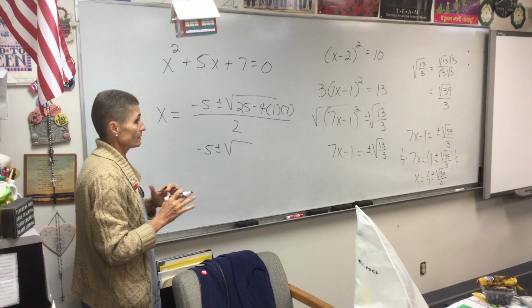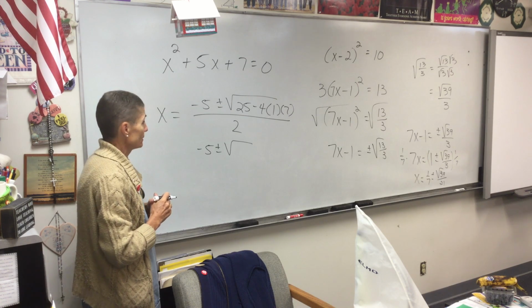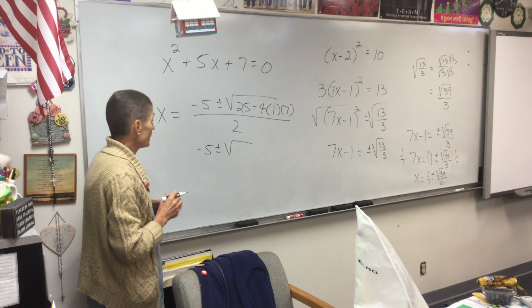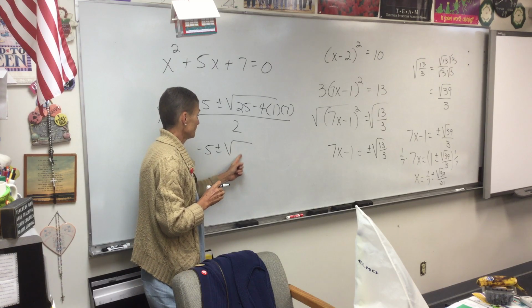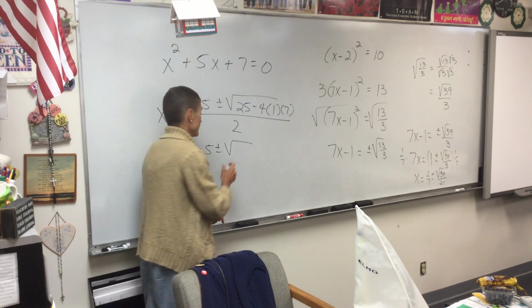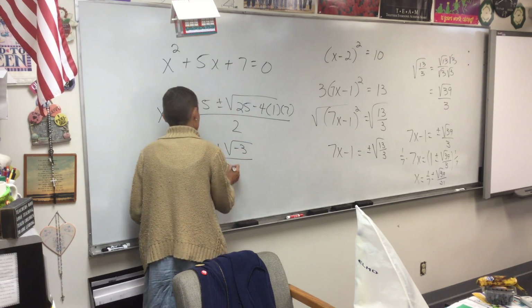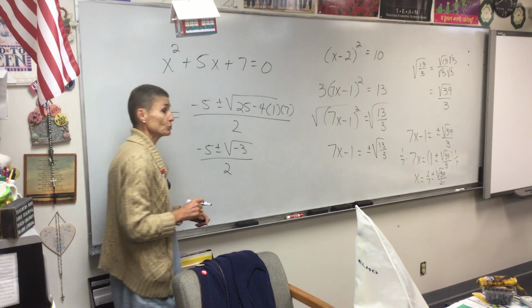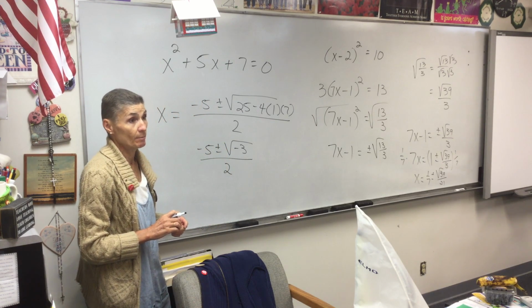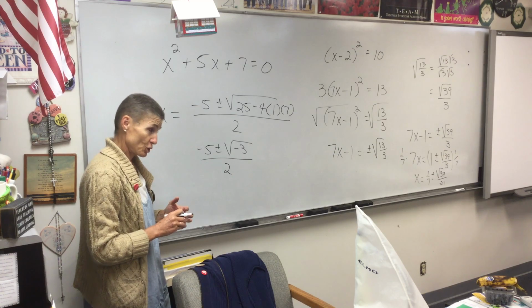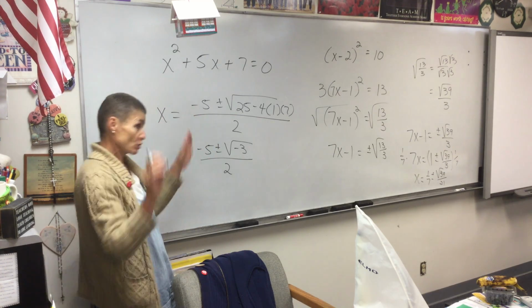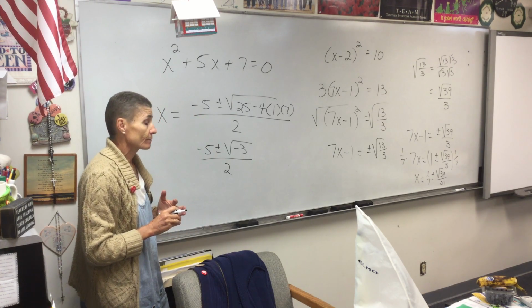Now this is what's a little bit crazy. What's going to be under here? -3. Now when you were a little kid, they told you couldn't take the square root of a negative number. But then last year, your teacher opened up this whole new world for you, right?